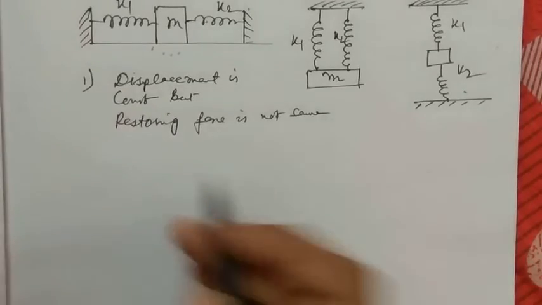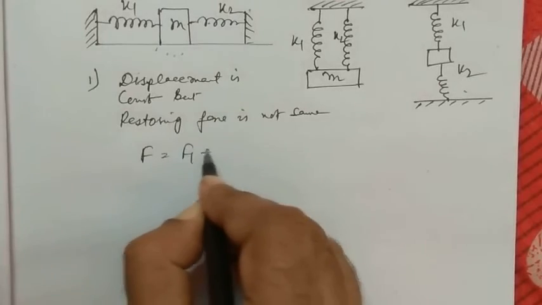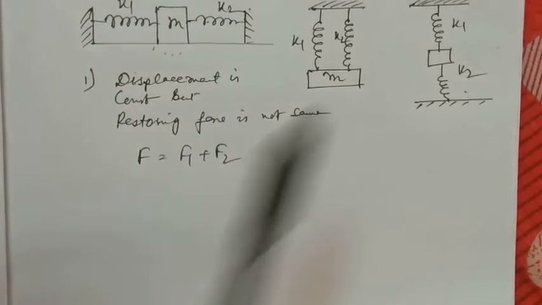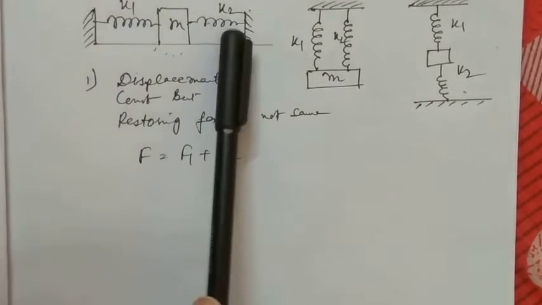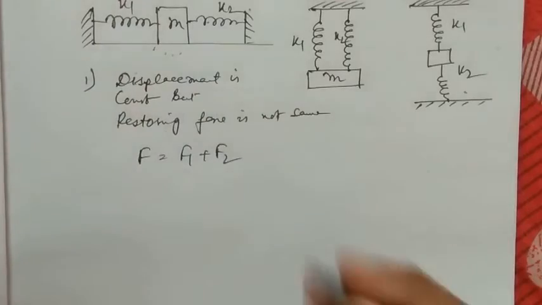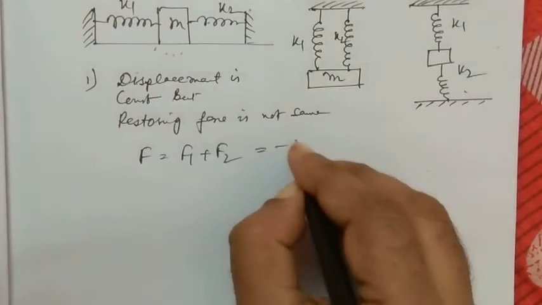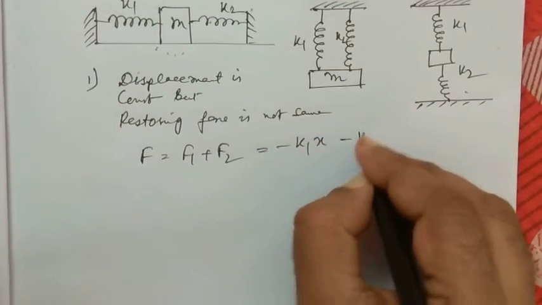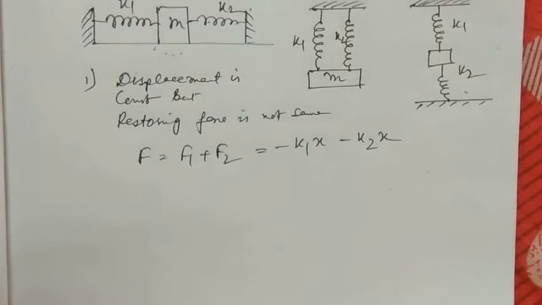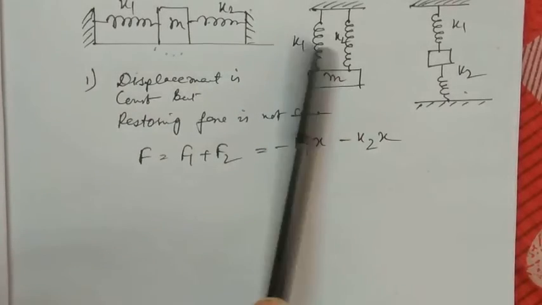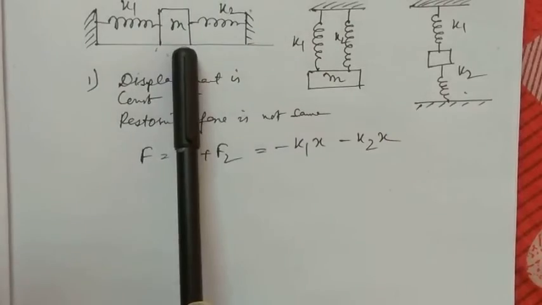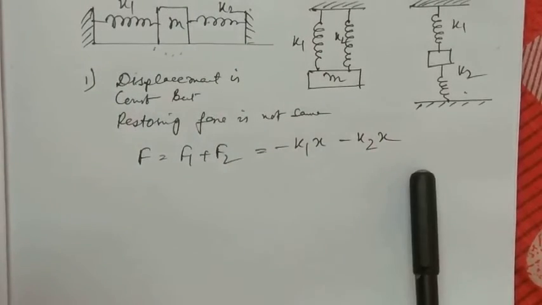So the force acting, F is equal to F1 plus F2. So we can replace the values: minus K1x minus K2x. I have already stated the displacement is the same. So displacement will be x on this spring and also on this spring. Expansion and contraction will be the same. So x and x.